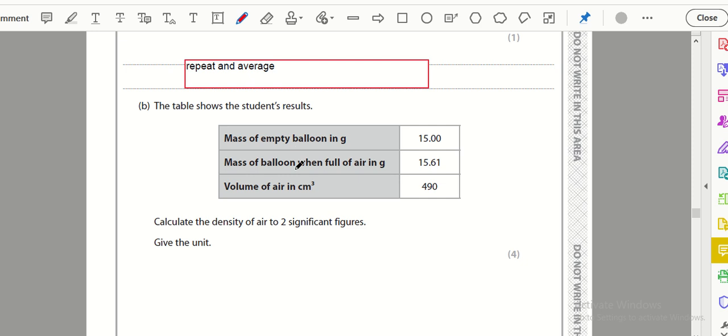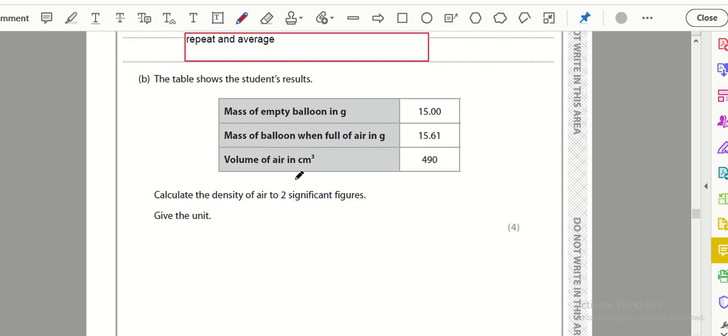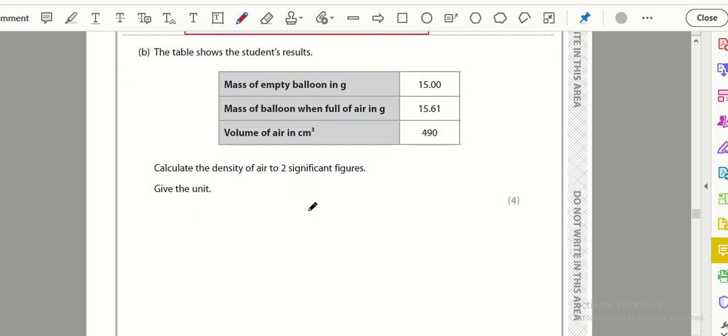Here is the mass of empty balloon, mass of full balloon, and volume of air. Calculate density. So we will find first the mass of air, which is the difference here.